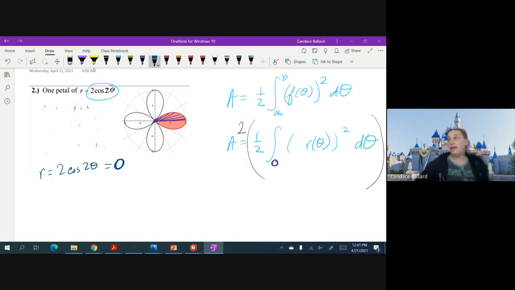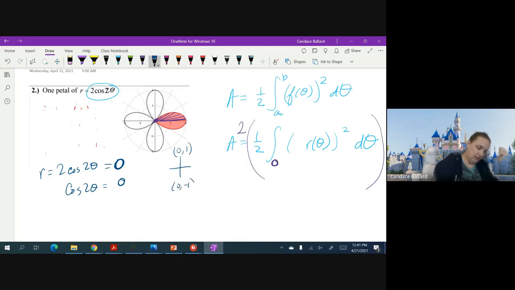I'm going to solve that just like we would have solved it last year and the year before in trig. Okay, 0 is the pole every single time. It's like the origin. The origin of polar is the pole. So I'm going to divide by 2. I get cosine of 2 theta equals 0. So let's see, I'm looking at my unit circle. Help me in the chat. I need to reverse cosine, which is kind of like doing an arc cosine. I was actually teaching this lesson to trig today.